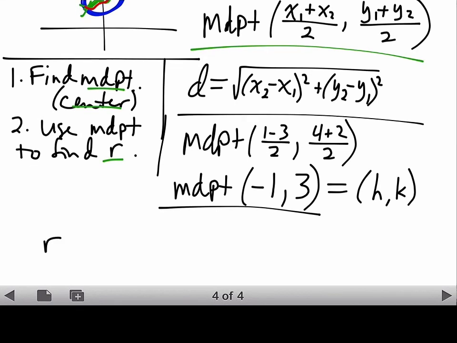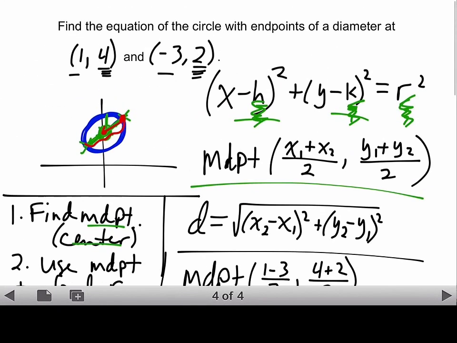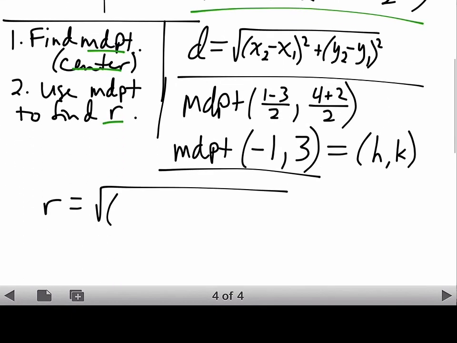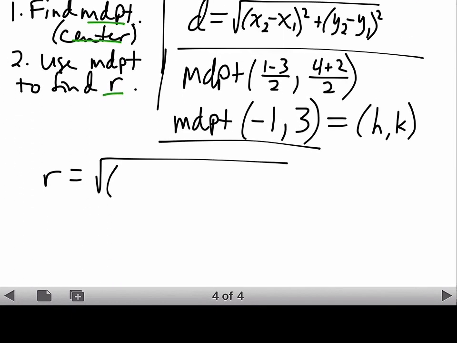The radius is going to be the distance between the midpoint and an endpoint. So let me look back up at the endpoints here. We have two choices, (1, 4) or (-3, 2). I'm going to use (1, 4). Remember, in the distance formula, we're squaring things, so it doesn't matter what order we subtract.